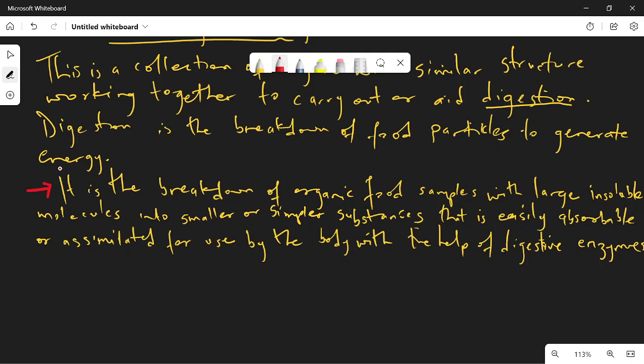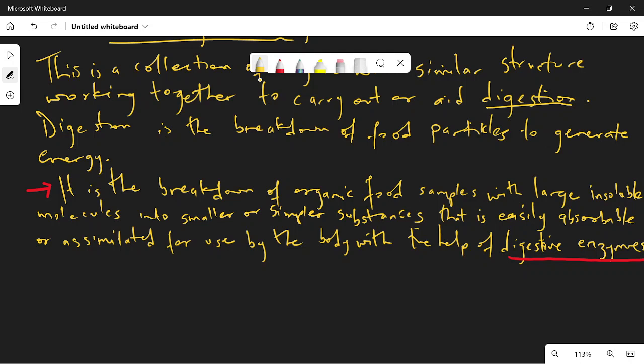That is telling us that apart from the organs that bring about digestion, there is still going to be the need for certain substances to come into play, and those are the digestive enzymes. Are we together?